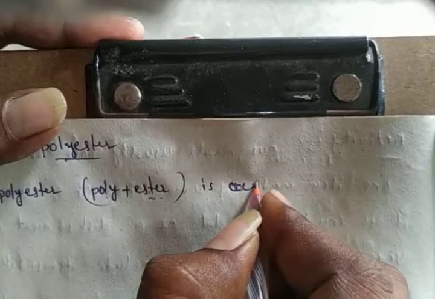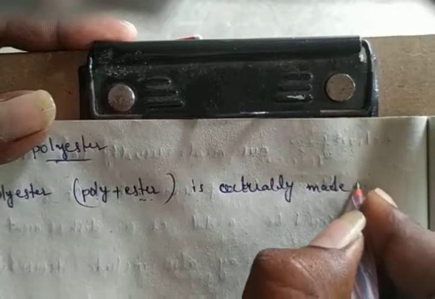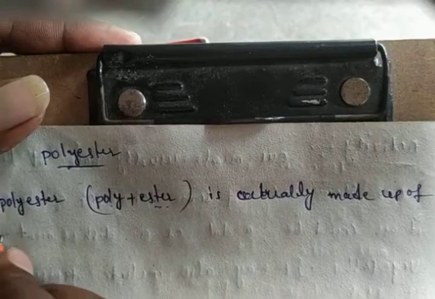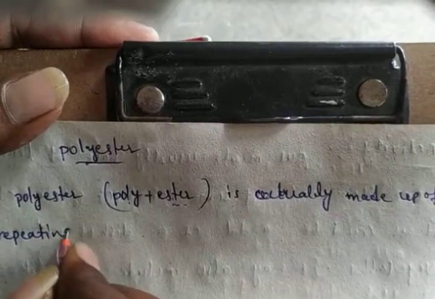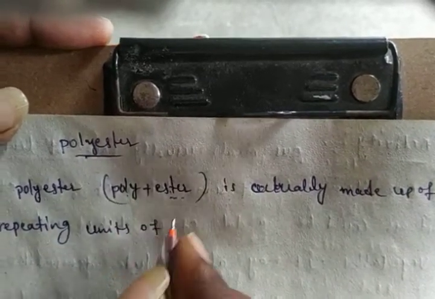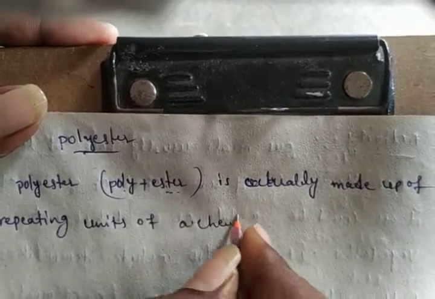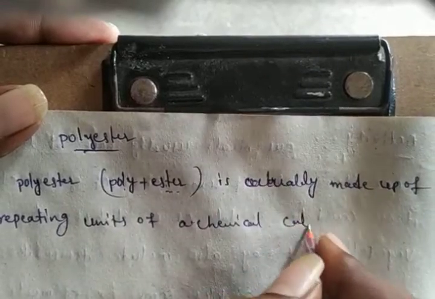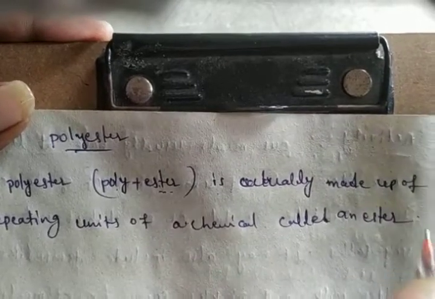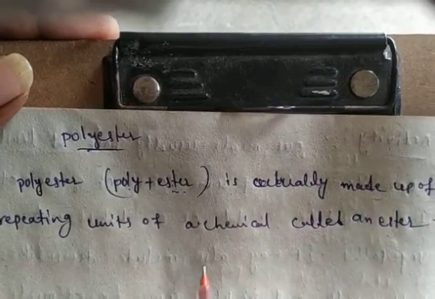Polyester is actually made up of repeating units of a chemical called an ester.